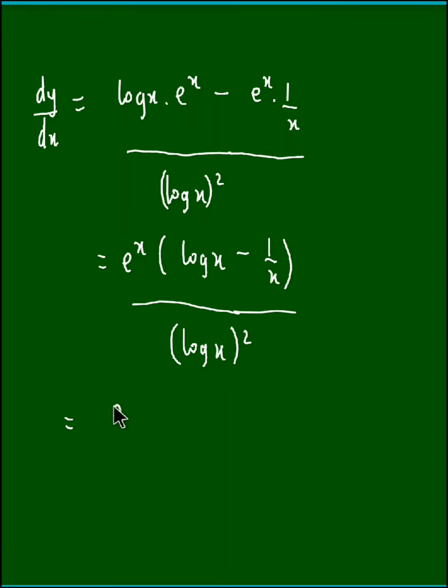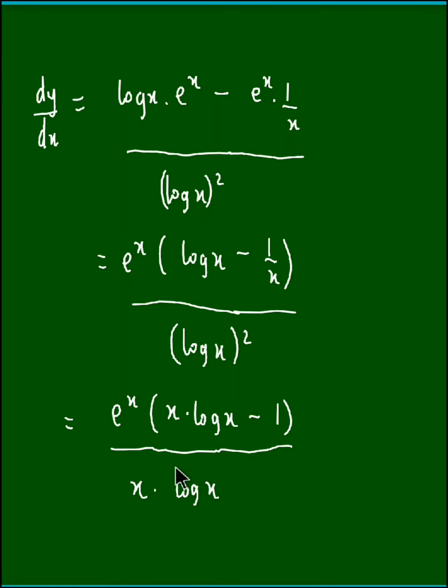So we obtain e raised to x into, now x times log x, so that is x log x minus 1 divided by x. So that x could be written in the denominator. So we put that x in the denominator. So we have x times log x the whole square.